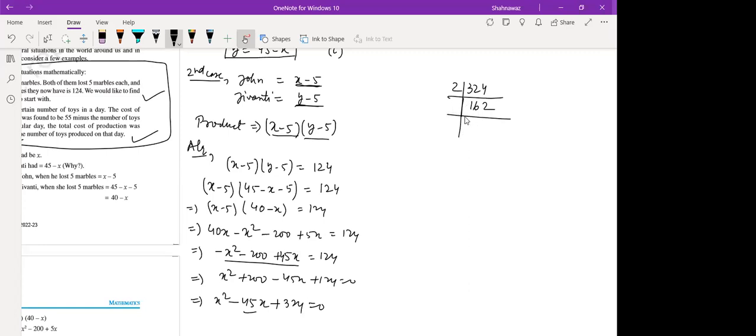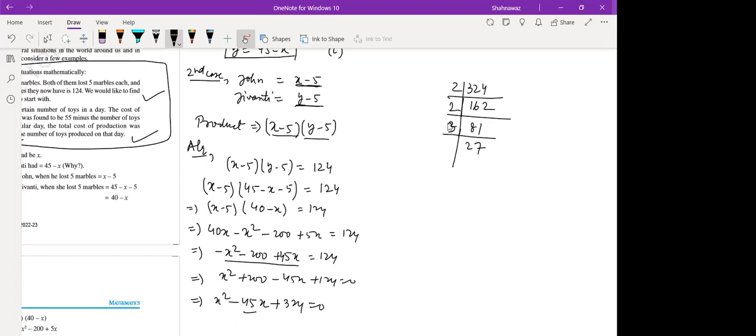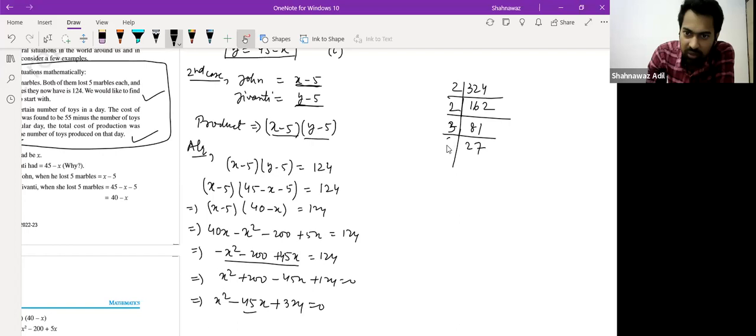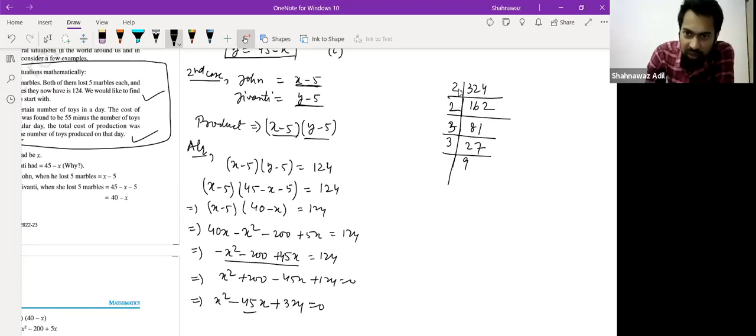So 27 and so this is this. So this is within, right.